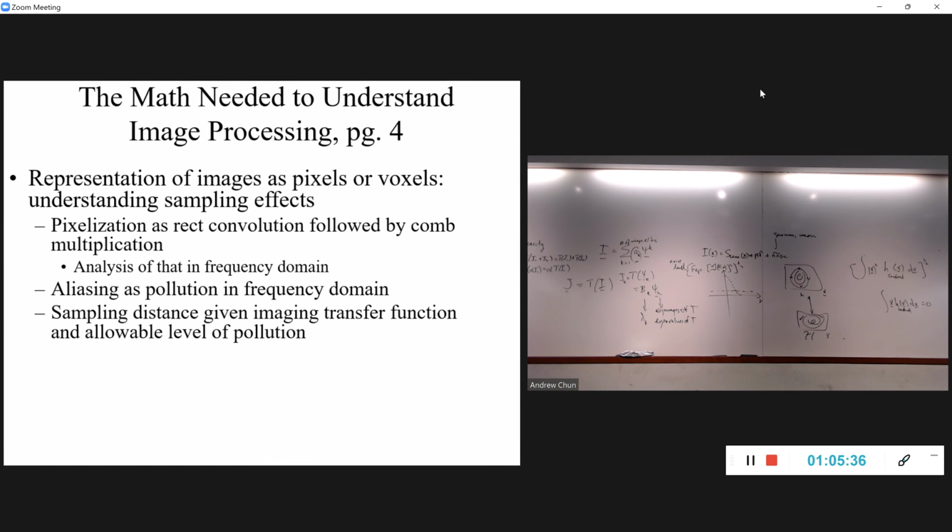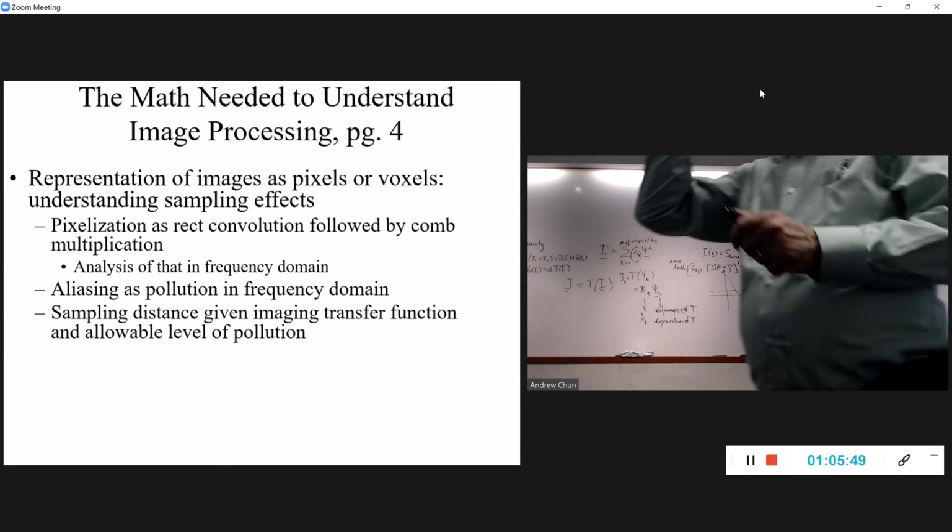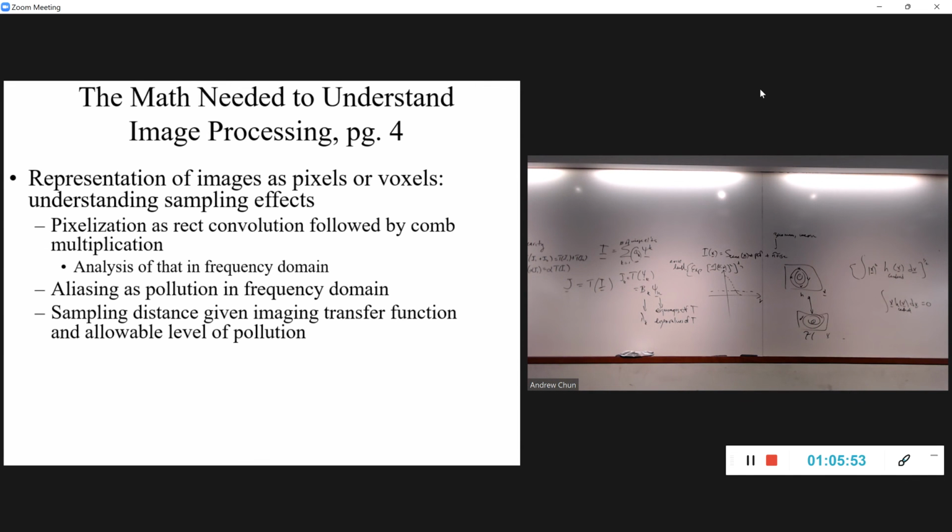And if we were willing to say that the major pollution came from what happened in just the next copy on either left and right, positive frequency and negative frequency, we got at the so-called Nyquist frequency, or folding frequency, we could come up with an explicit formula for how the spacing of the pixels should be related to the RMS width of the image formation operation.